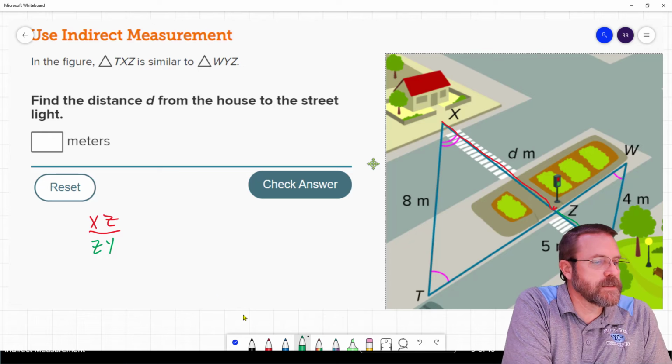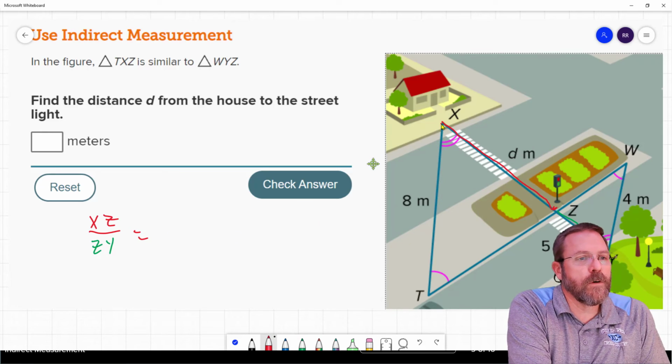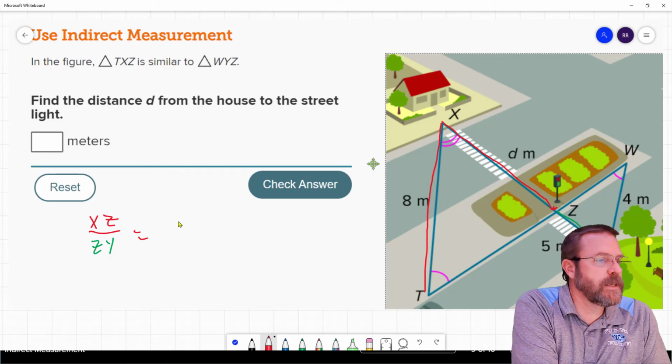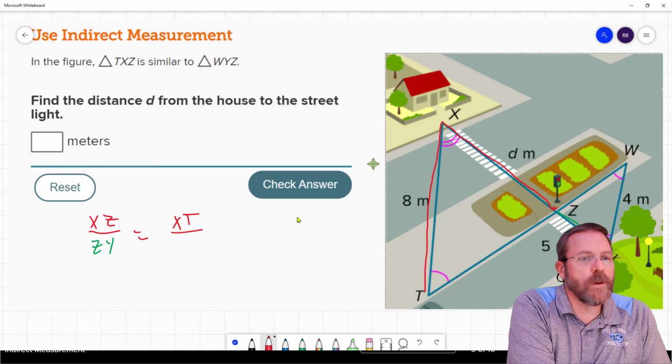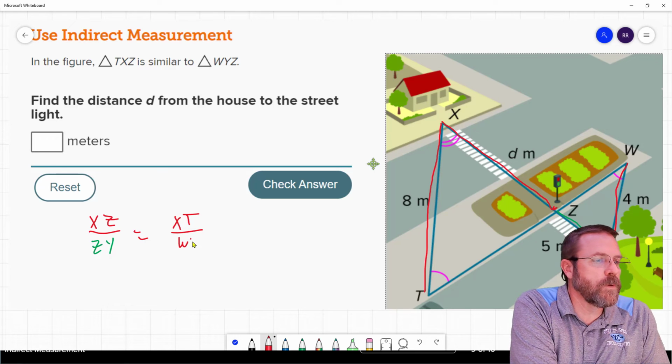Next, I can say that that is going to be equal to what? Well, over here, I've got side XT, which would correspond to this outside side here, WY. And now I'm going to put in what I know.